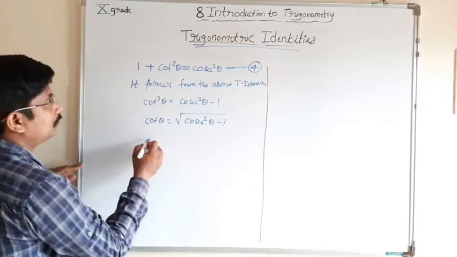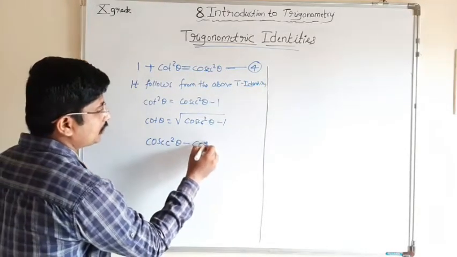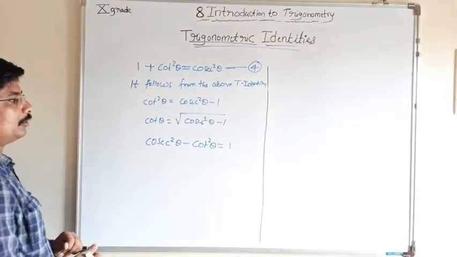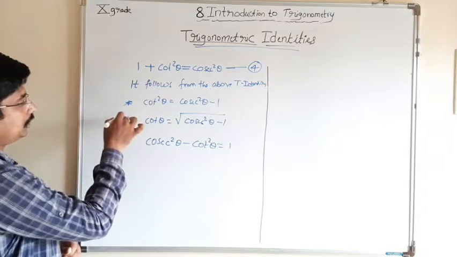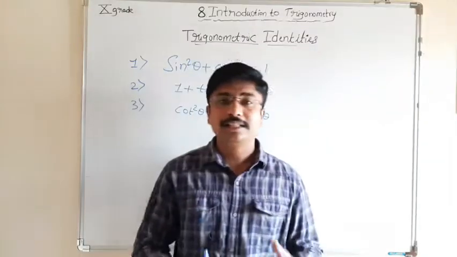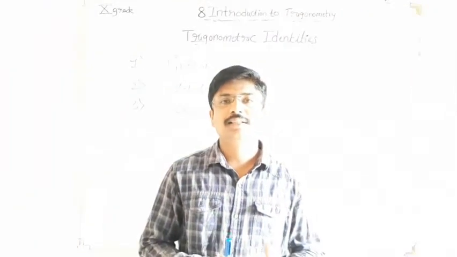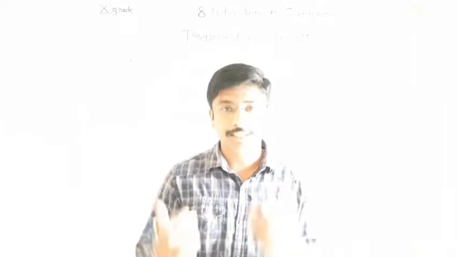Next, cosec square theta minus cot square theta is equal to 1. You have to keep this in mind. Understood? Using these trigonometric identities, we can express trigonometric ratios in terms of other trigonometric ratios.